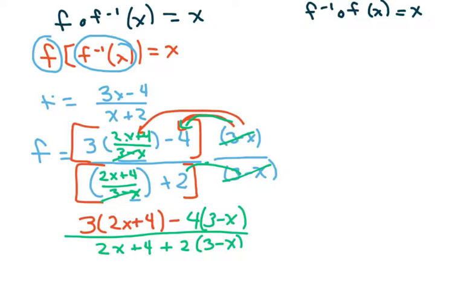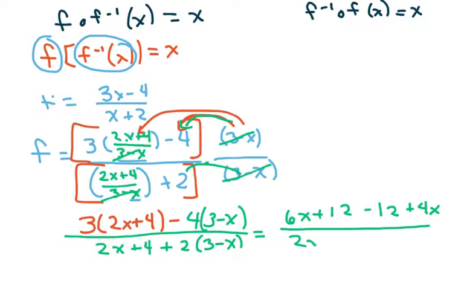Now, when I simplify, I'm going to get 6x plus 12 minus 12 plus 4x. And in the denominator, we're going to get 2x plus 4 plus 6, sorry, 6 minus 2x.